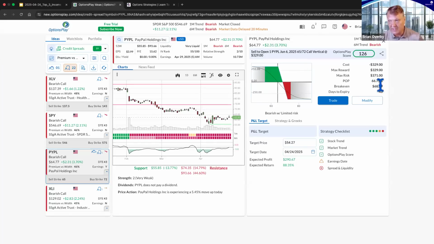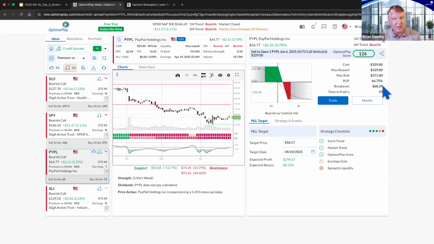And that's what POP stands for, probability of profit. Another way to look at it is to look at just the delta of the position. That's going to be fairly close to this number. Delta is a lot of times talked about as probability, but that's not 100% accurate, but it's accurate enough to say that.